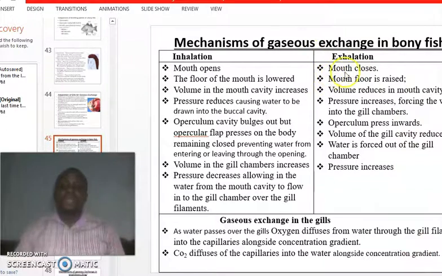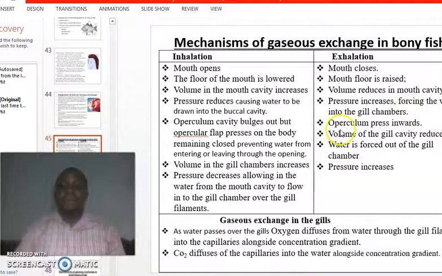During exhalation, the fish closes its mouth and the floor of the mouth is raised. The volume of the mouth cavity reduces, but pressure increases, forcing water to be pushed to the gill chambers.